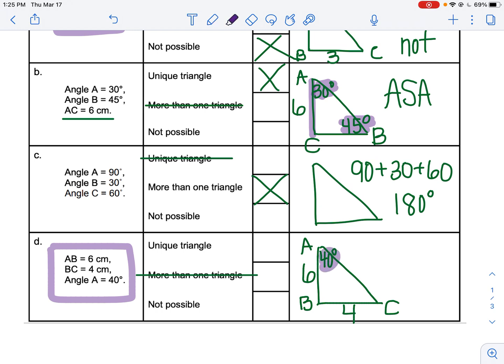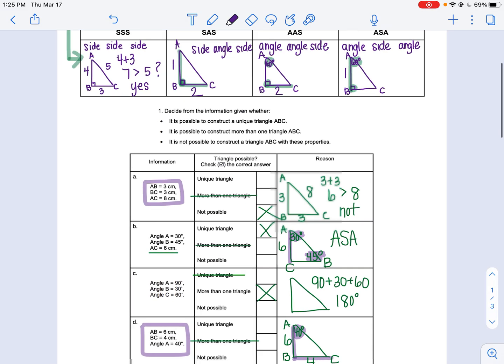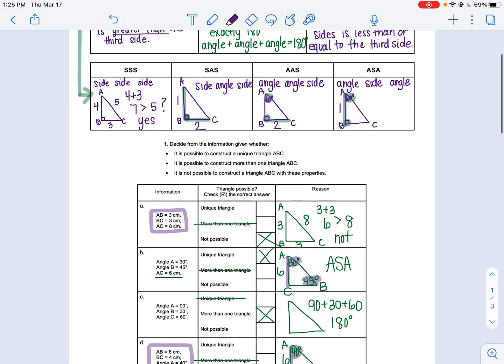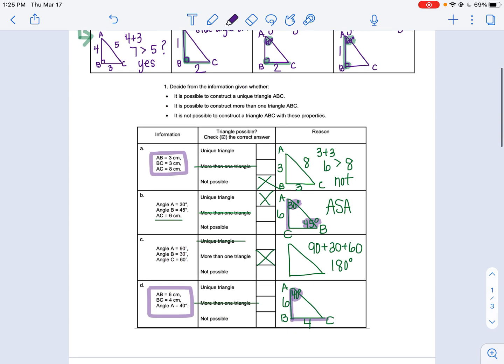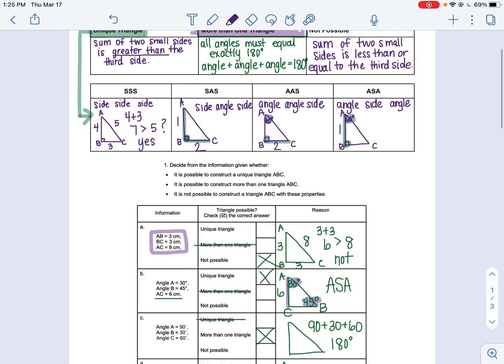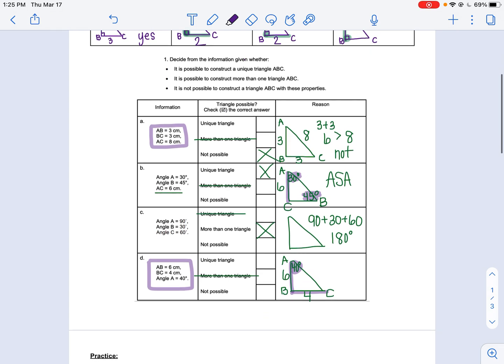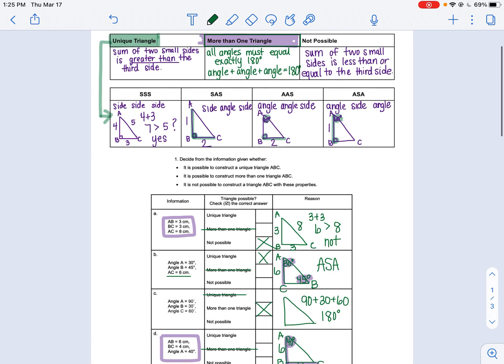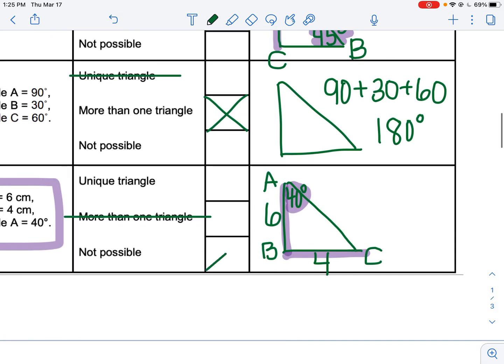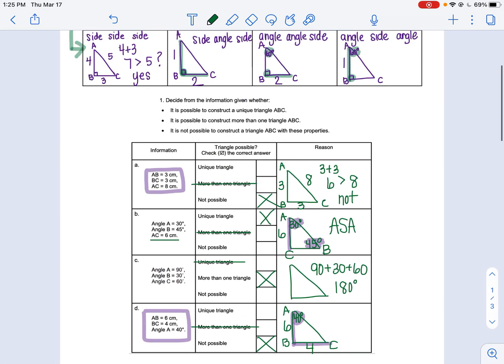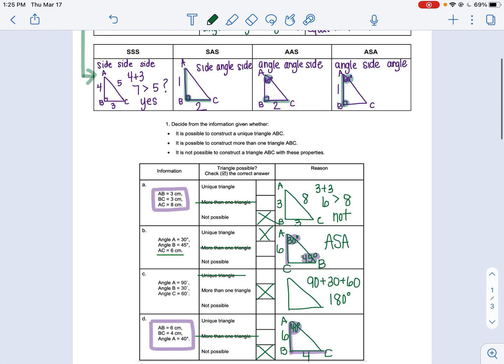So I have an angle, a side measurement, and a side measurement. Angle, side, side. Yep. There's no property with angle, side, side next to each other. So this is a not possible triangle. Angle, side, side doesn't exist in these 4 properties up here. So I just call that not possible triangle.